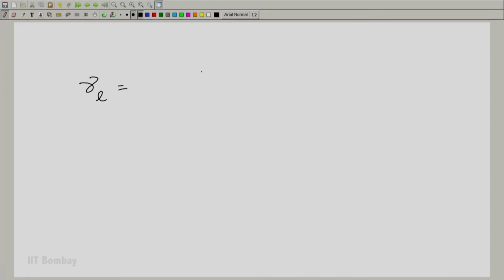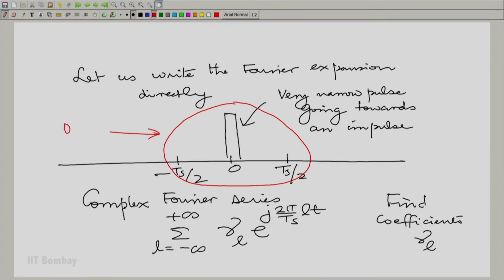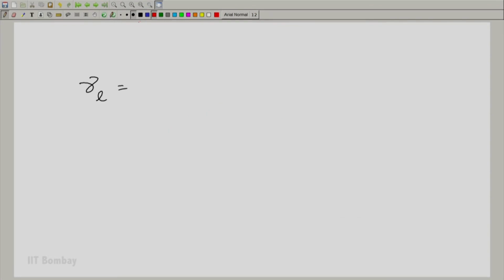So, you take one period of the original waveform, let us call it say Pt, standing for pulses going towards impulses, and let us write down gamma L in terms of Pt.